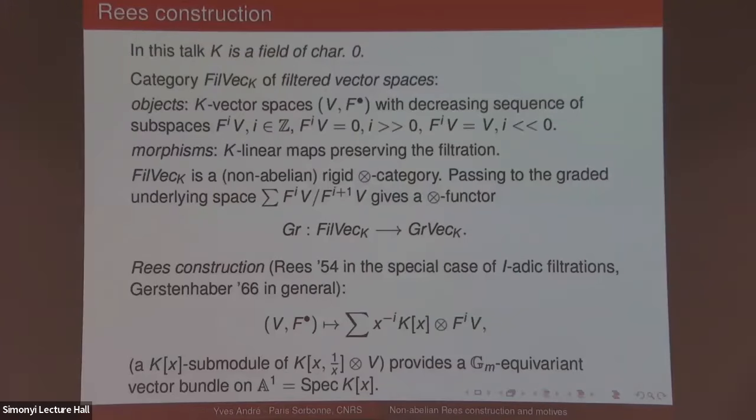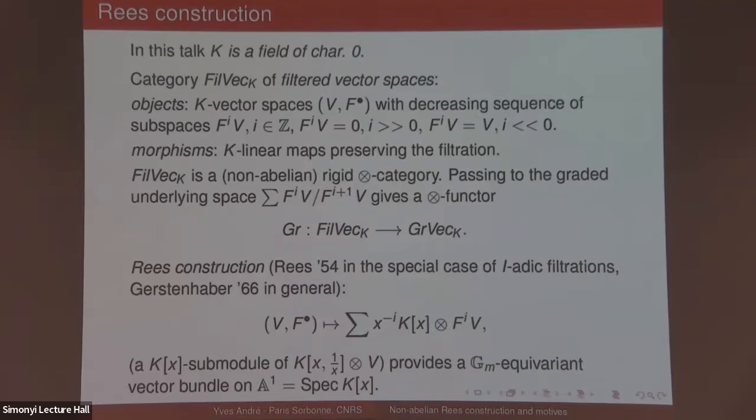One starts with a filtered vector space, and one introduces an indeterminate X and the K[X]-submodule of K[X, 1/X] tensor V, defined as the sum of X to the minus i times the i-th filtration step, tensor K[X].